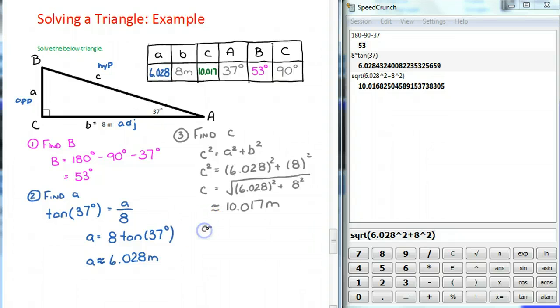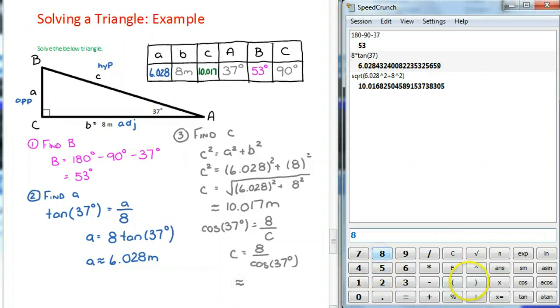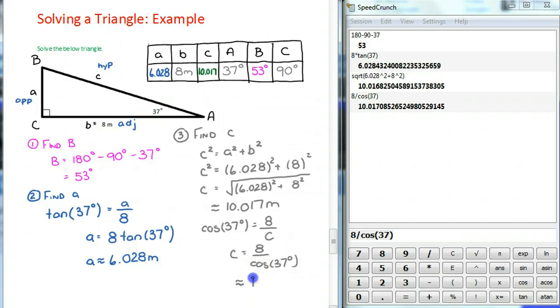So therefore cos of 37 degrees is equal to adjacent, which is 8, over C. I can do a little rearranging here, so C is equal to 8 over cos of 37 degrees, and this is approximately equal to, let's type this in right here, 8 divided by cos 37 degrees, 10.017. So notice I get the same answer.